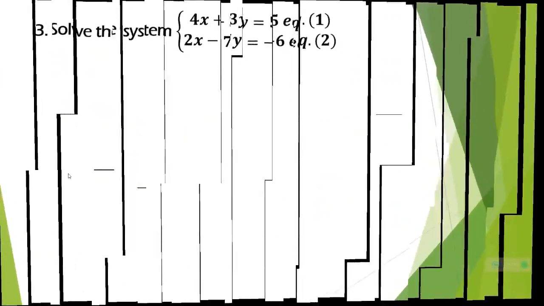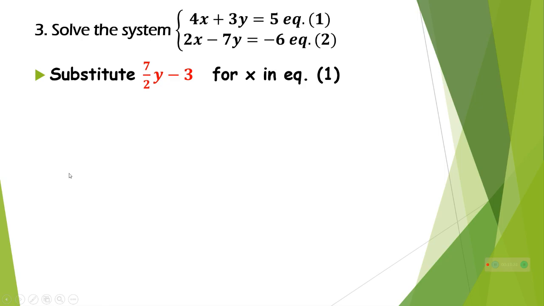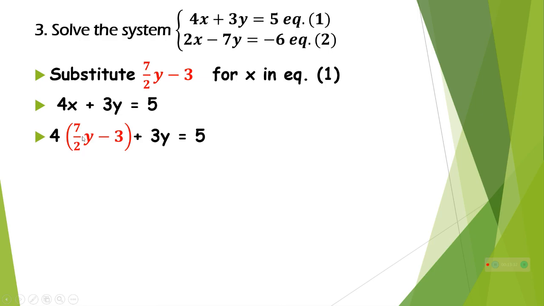Okay? And then you have to use that equation for our substitution method. So you are going to substitute 7 over 2 y minus 3 for x in equation 1. So you will obtain 4 times (7 halves y minus 3) plus 3y equals 5.